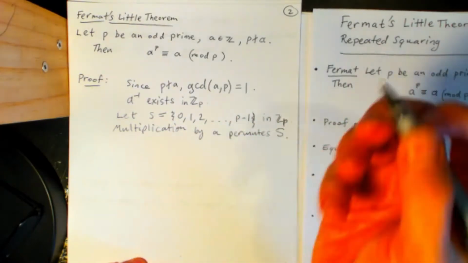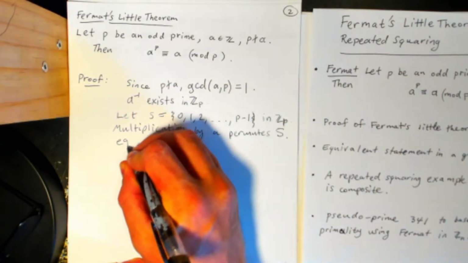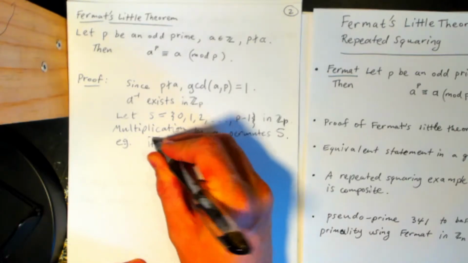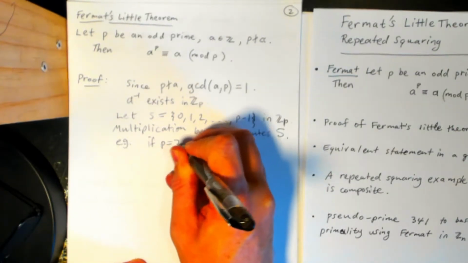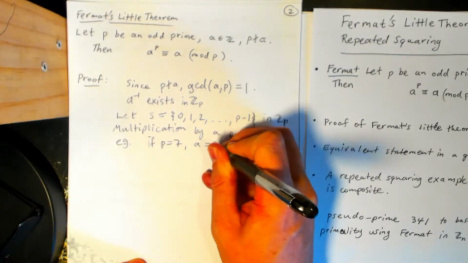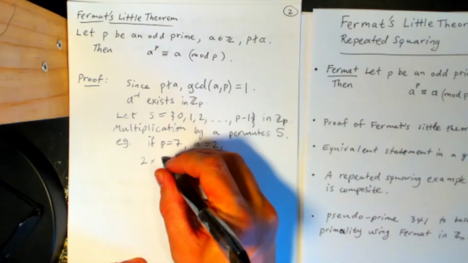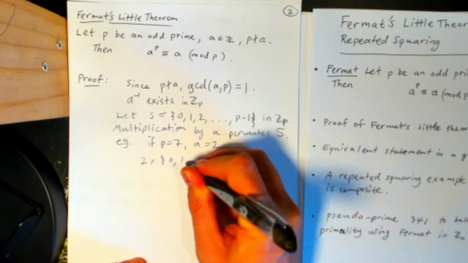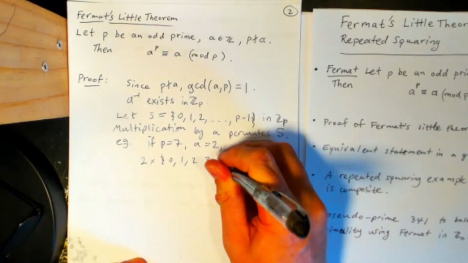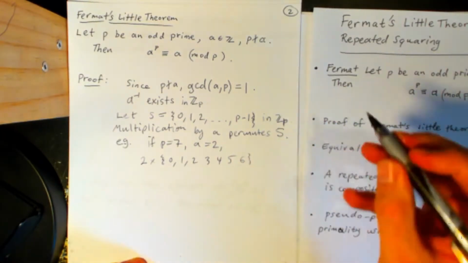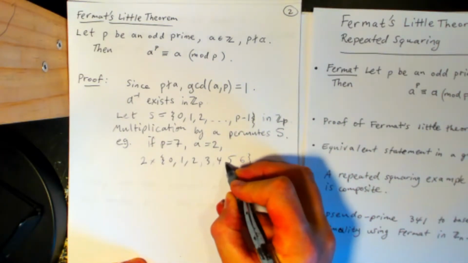So then, for example, e.g., if we have P equals 7, and A equals 2, then 2 times 0, 1, 2, 3, 4, 5, 6, 6 being P minus 1 in that case.